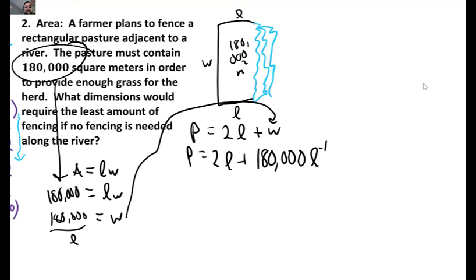So I know the min is going to occur at a critical number, and critical numbers are when the first derivative is 0 or undefined. So take the derivative, maybe rewrite it.